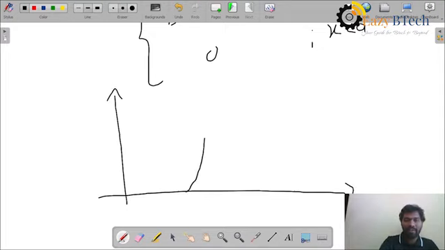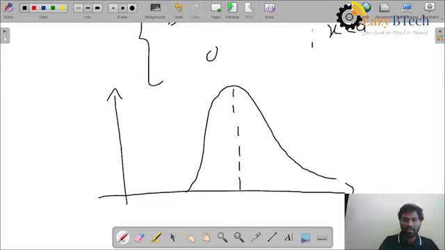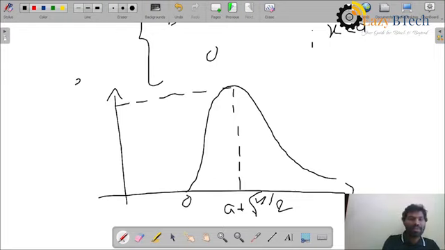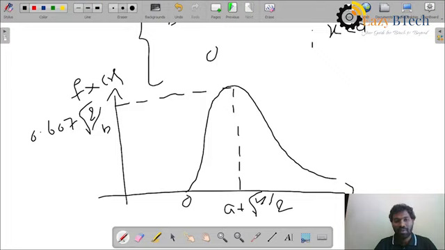If you plot this one, it is like this, and it has a maximum value at x equal to a plus root b by 2, and at x equal to a plus root b by 2, its value is 0.607 root 2 by b.